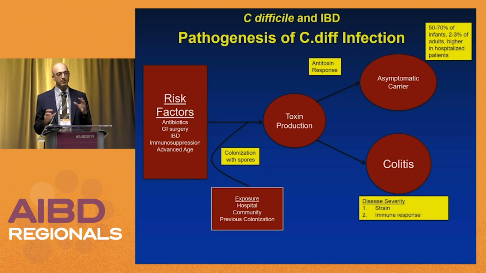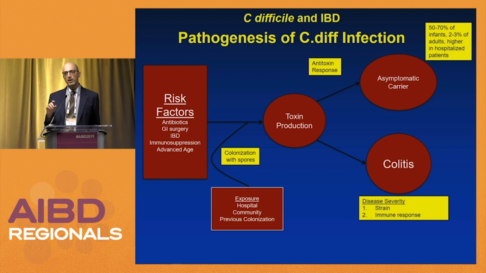If we look at this in a schema, we take patients with risk factors for C. diff, where they encounter an exposure and then they're colonized with a spore, and these spores produce toxin, and then a subset of people will develop an antitoxin response, and these are who we refer to as carriers of C. diff. This is very common in infants, less common in adults, about 2 to 3% of adults.